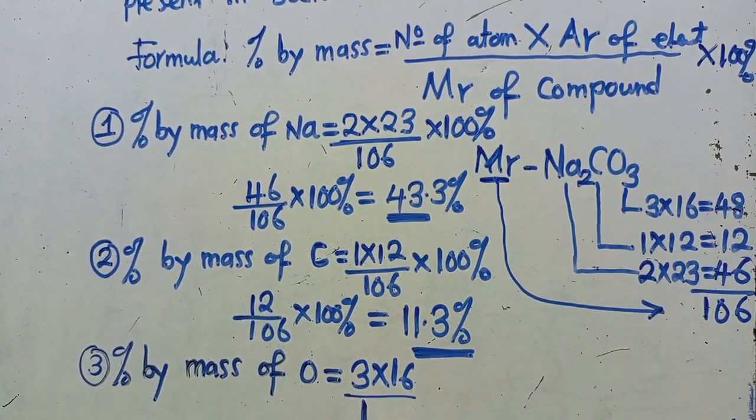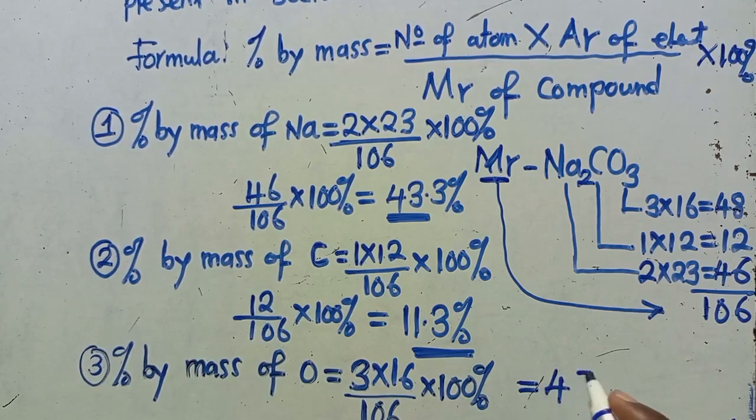We are putting 106 on everything, times 100%. So what answer are you going to get? You are going to get 48 over 106 times 100%. The answer, finally, will be 45.3 percent.